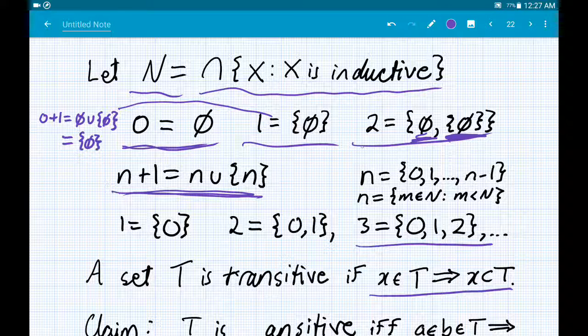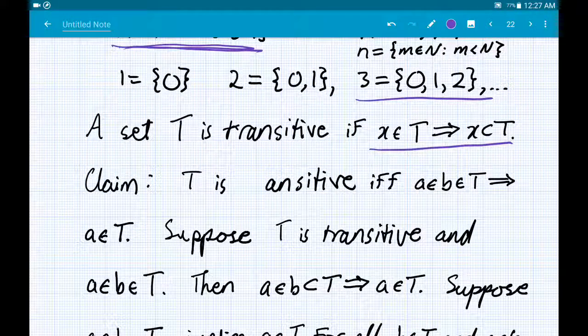You can even just look at 2 and see that the number 1 is both an element as well as a subset. It's an element because it occurs as one of the terms. It's also a subset because every element of 1 is also an element of 2. So there you have it.